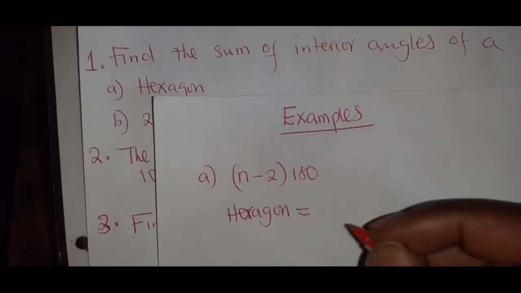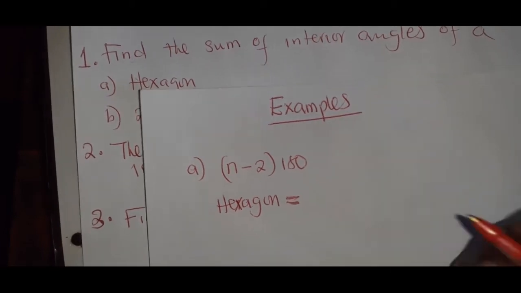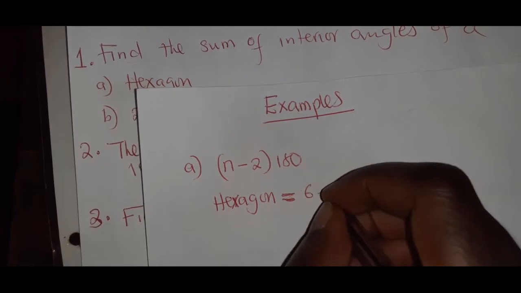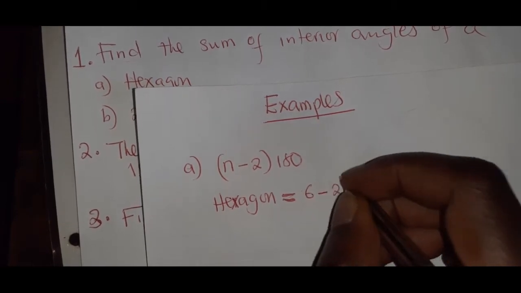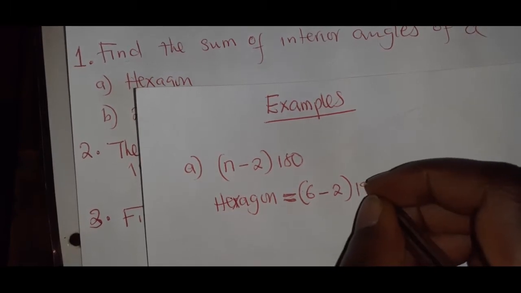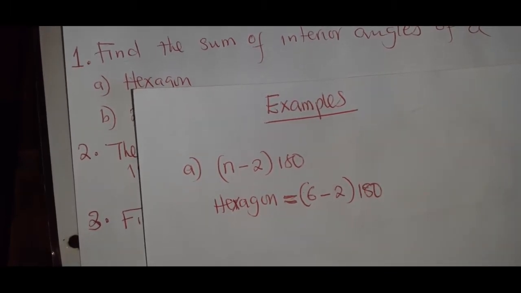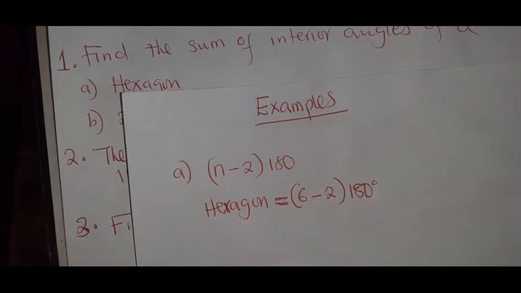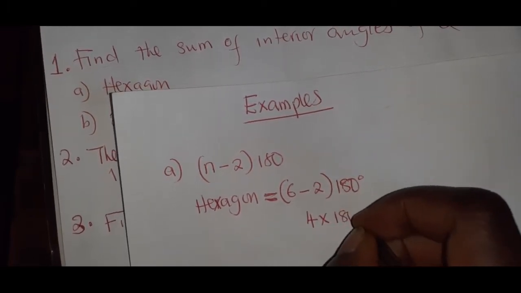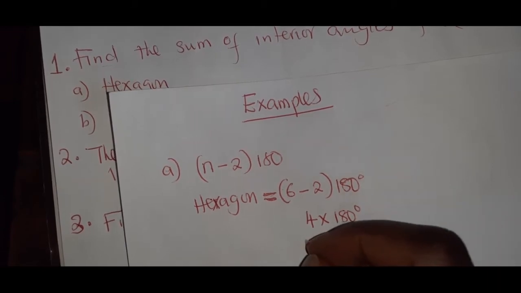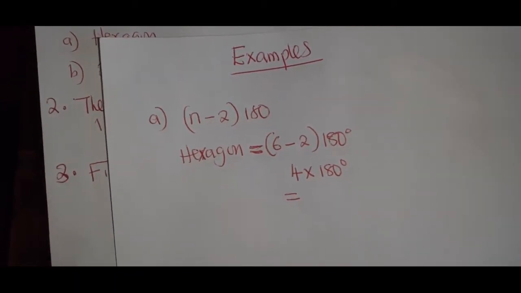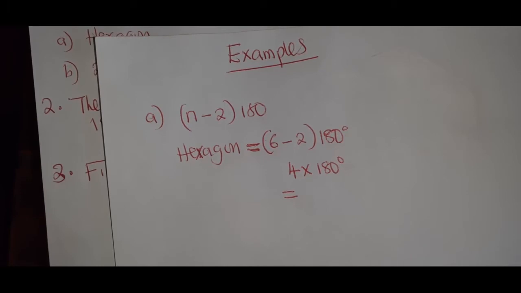So we're going to say 6 minus 2, multiplied by 180 degrees. This is going to give us 4 multiplied by 180 degrees. Can we multiply? Okay, let's multiply together. What are we going to get?